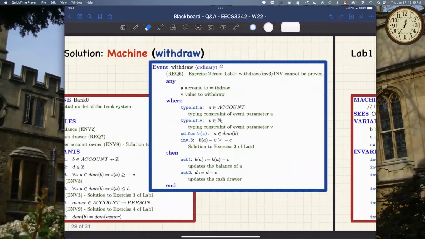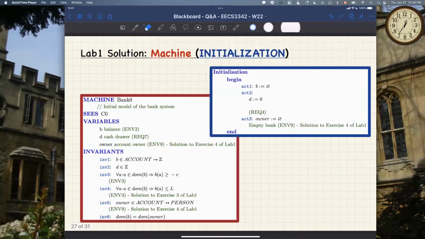I understand it theoretically. I guess I'm talking about invariant 1 and then act 1 and the proof obligation that came because of that. Are we talking about the initialization event right now, since you talk about the empty set?